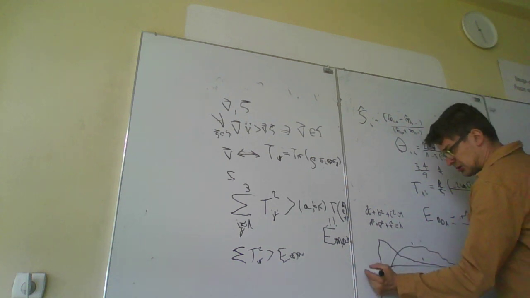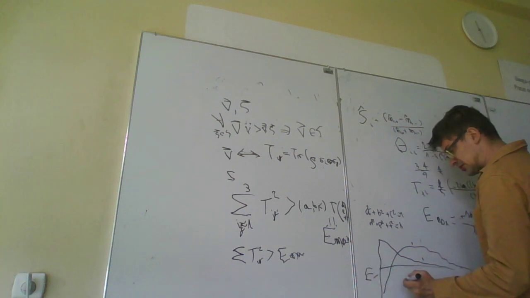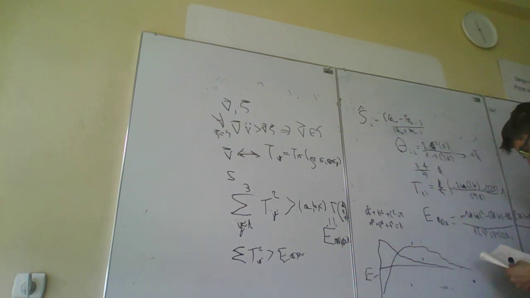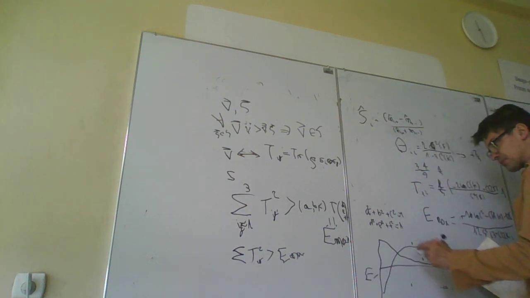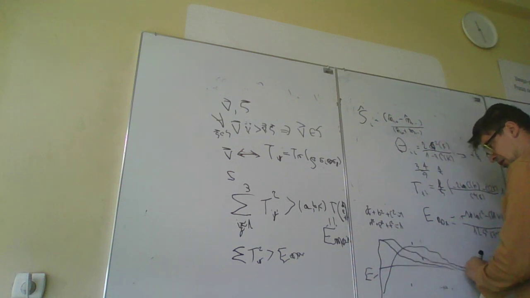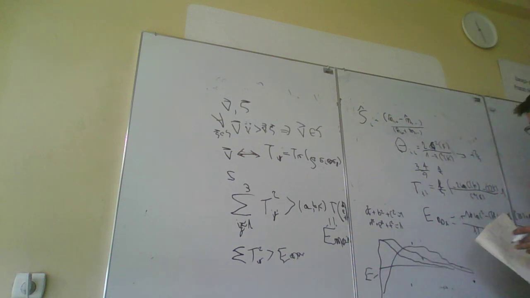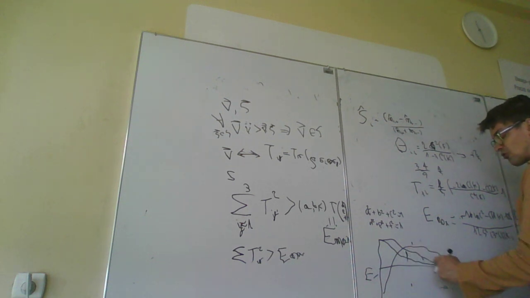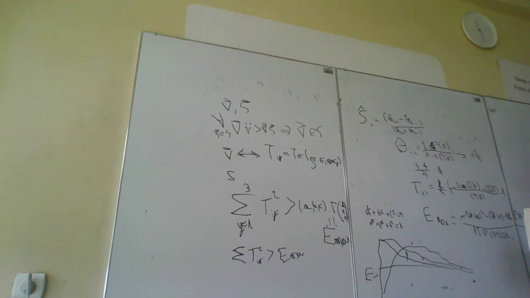Here was E max. And the third one was something like that. So of course it detected entanglement for all values of gamma, for all values of k, but there was some room left for other imperfections, for some noise and so on and so on.